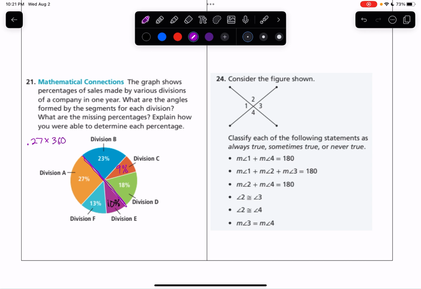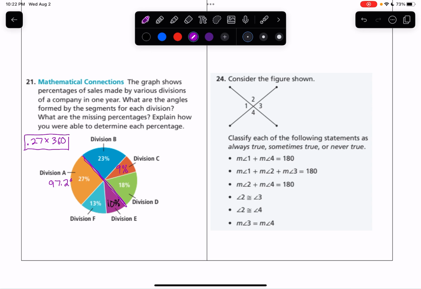So 0.27 times 360 degrees is going to give us the angle of division A, which is going to be 97.2 degrees. And we're going to do the same thing for the rest of the divisions. We're just going to take the decimal and multiply it by 360 degrees.